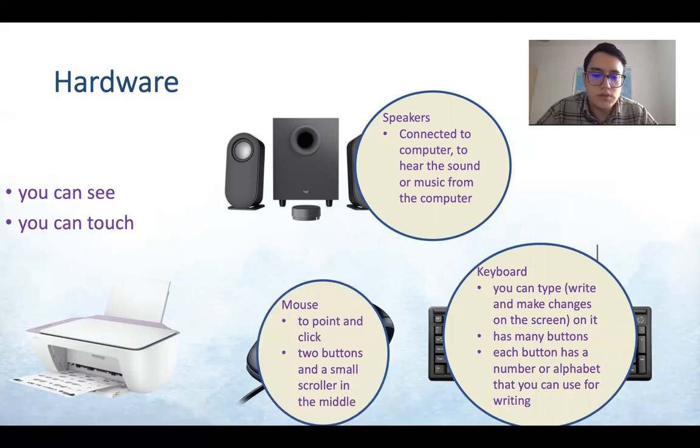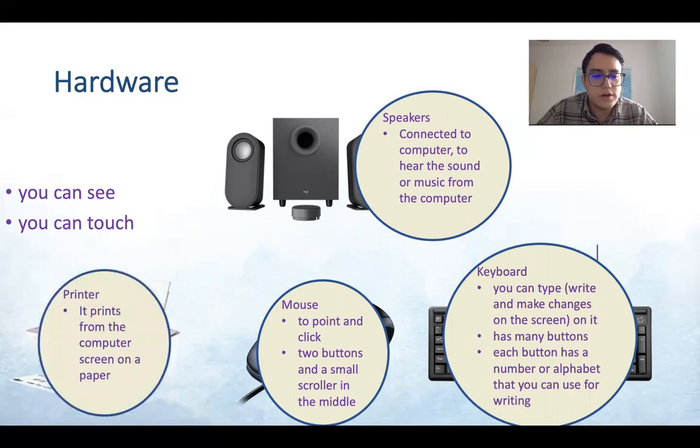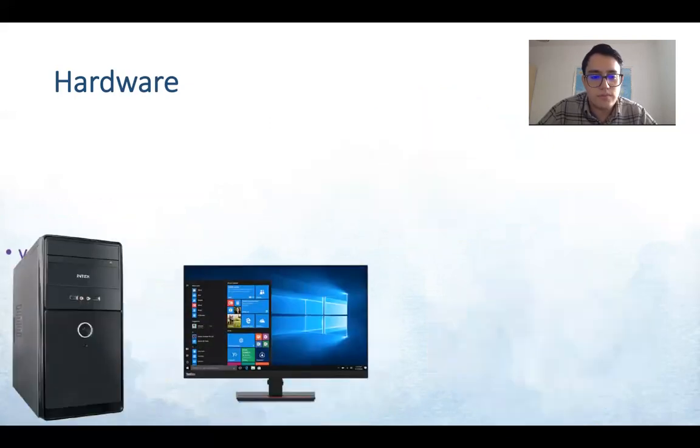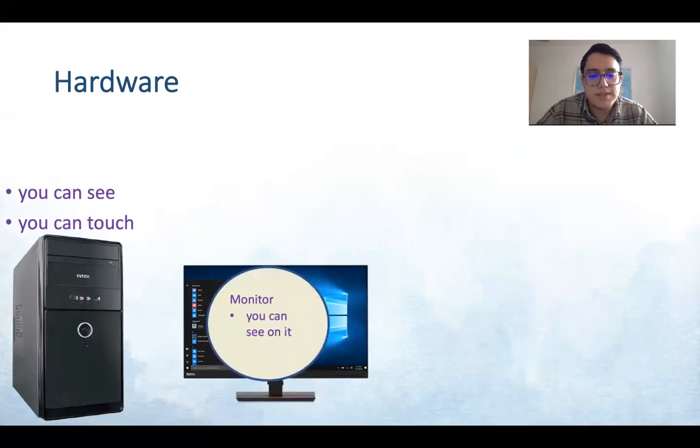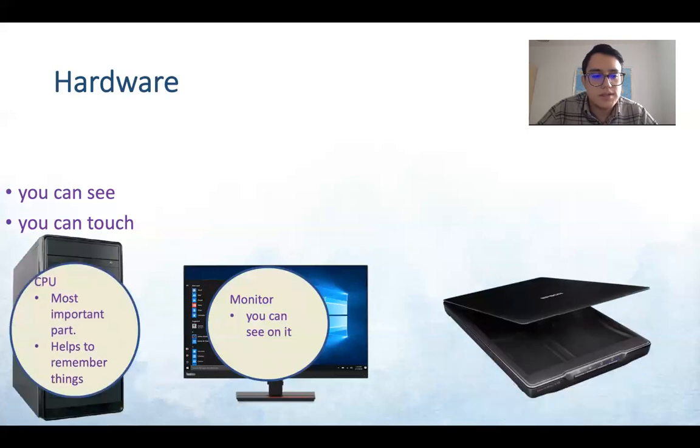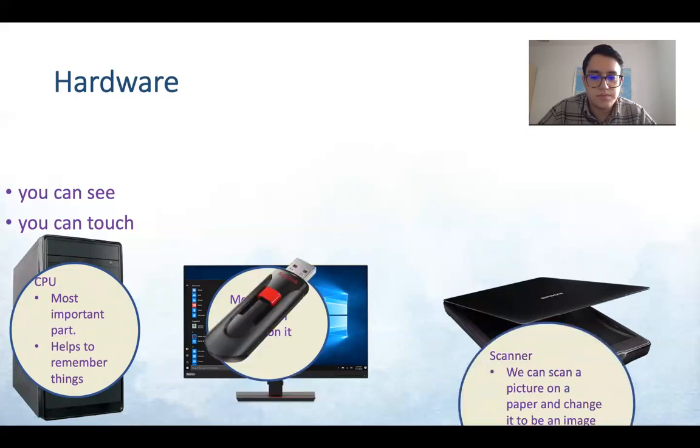The mouse, to point and click. 2 buttons and a small scroller in the middle. Printer, it prints from the computer screen on a paper. A monitor, you can see on it. A CPU is the most important part that helps to remember things.